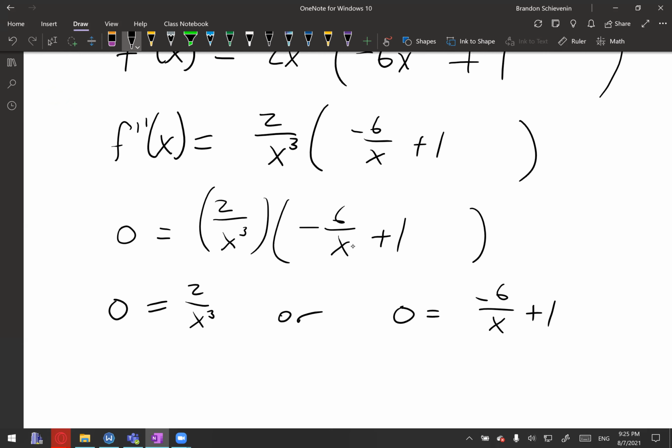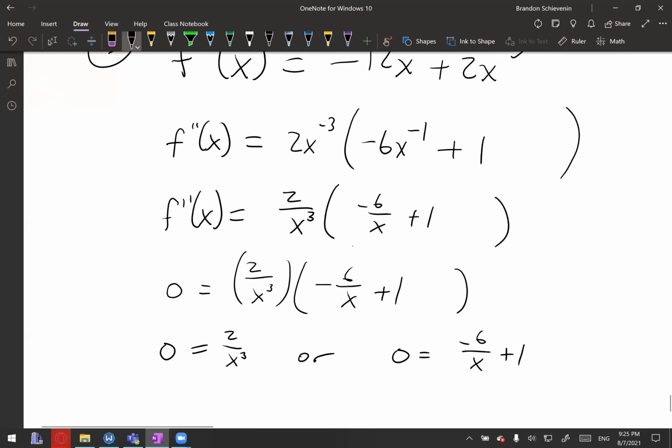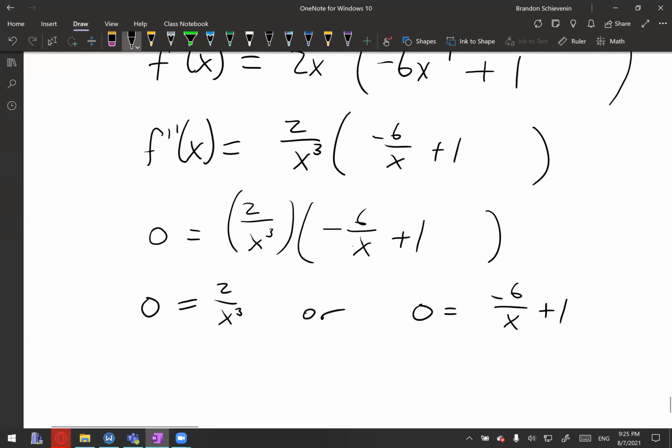I haven't really done anything other than factor. I'm going to stick with NB for this one. For the left side, are there any x values that can make this true? No. Okay, so no values will make that true.